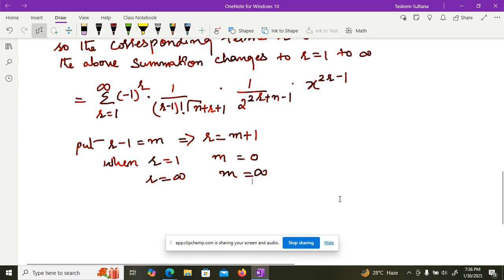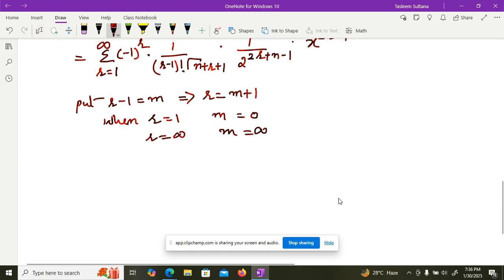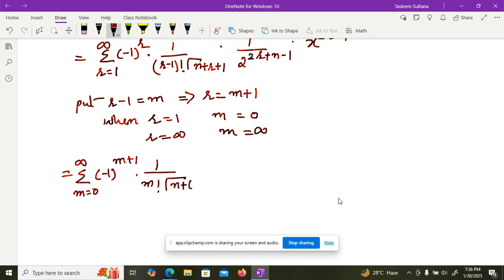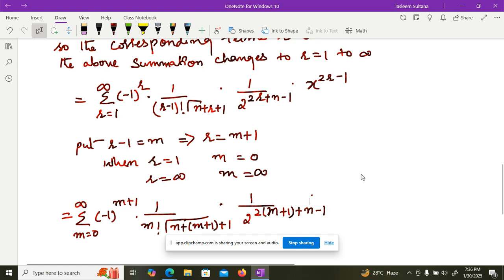So the summation will get changed to summation m is equals to 0 to infinity minus 1 to the power of m plus 1 into 1 divided by m factorial gamma of n plus m plus 1 plus 1, into 1 divided by 2 to the power of 2 times m plus 1 plus n minus 1, then x to the power of 2 times m plus 1 minus 1.